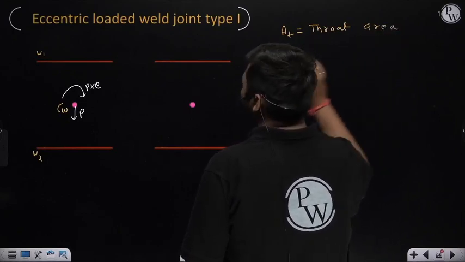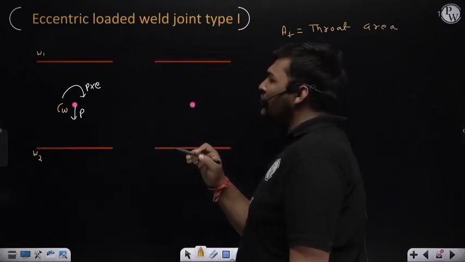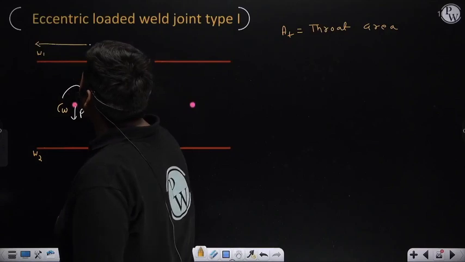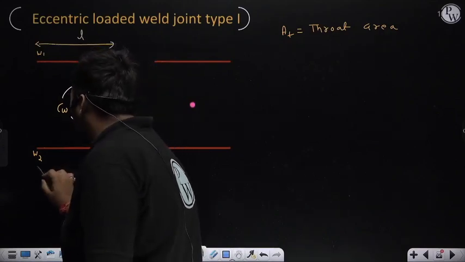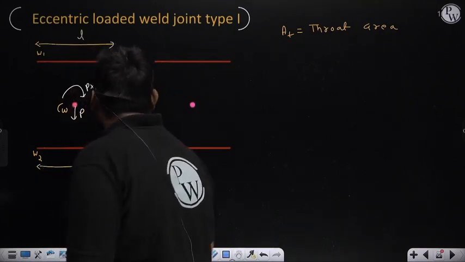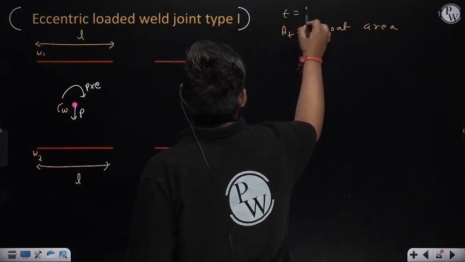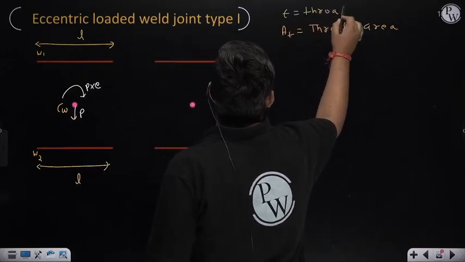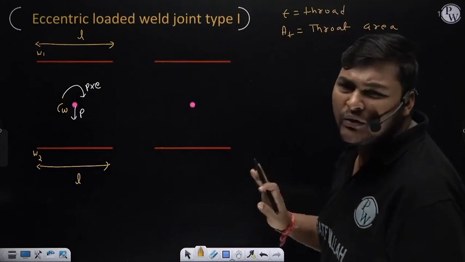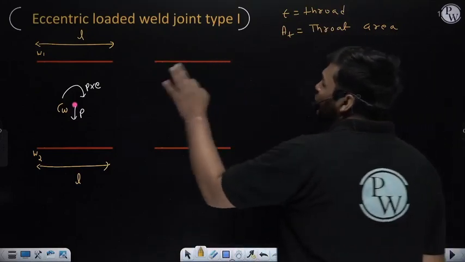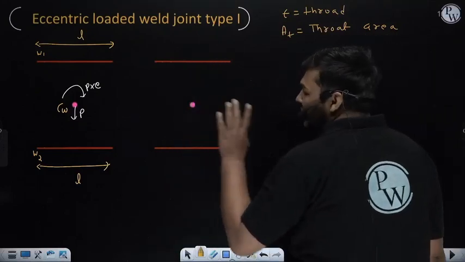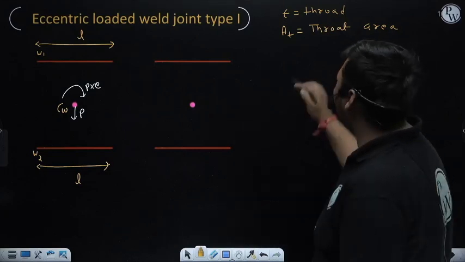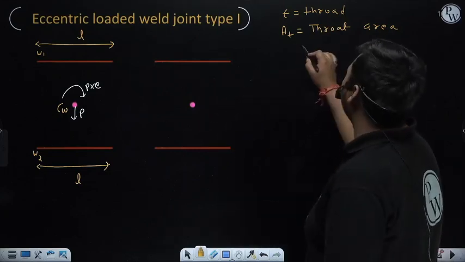Suppose the length of weld 1 is L, and right now this diagram is symmetric, so the length of weld 2 is also L, and suppose t is the throat. So in this case, what will be the expression of total throat area? That you can calculate in numericals. The throat area of weld 1 will be L t, the throat area of weld 2 will be L t. So the total throat area for this case is 2 L t.